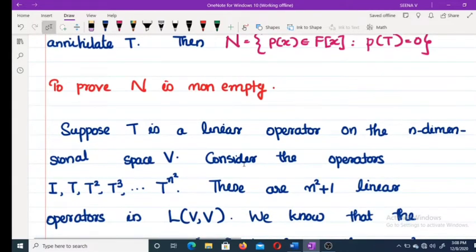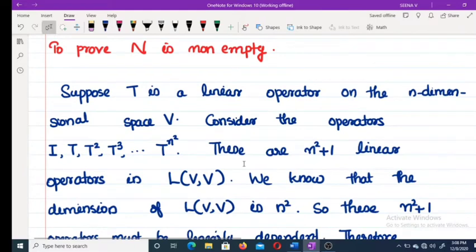For this, let T be a linear operator on an n-dimensional space V and consider the operators I, T, T square, T cube, and so on up to T raised to n square. The total number is n square plus 1 linear operators in L(V,V). Now the dimension of L(V,V) is n square.